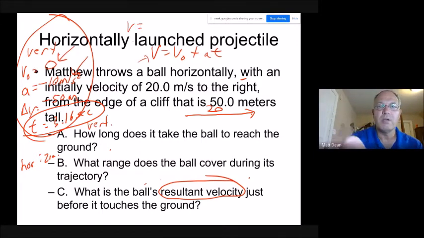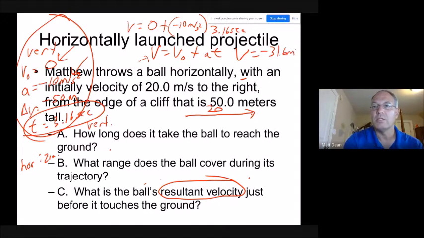So V is going to be equal to 0, the initial vertical speed, plus acceleration, negative 10 meters per second squared, times time, which we found to be 3.16 seconds. Multiply that out, we get a final vertical speed of negative 31.6 meters per second.